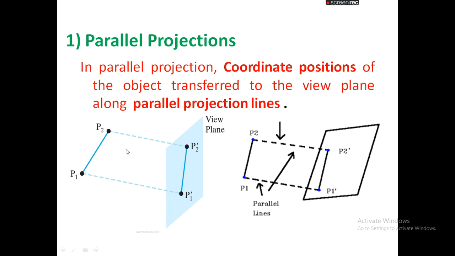As you can see in this example, please see the mouse pointer. Assume that there is an object called a line segment, P1 and P2, in the world coordinate system.